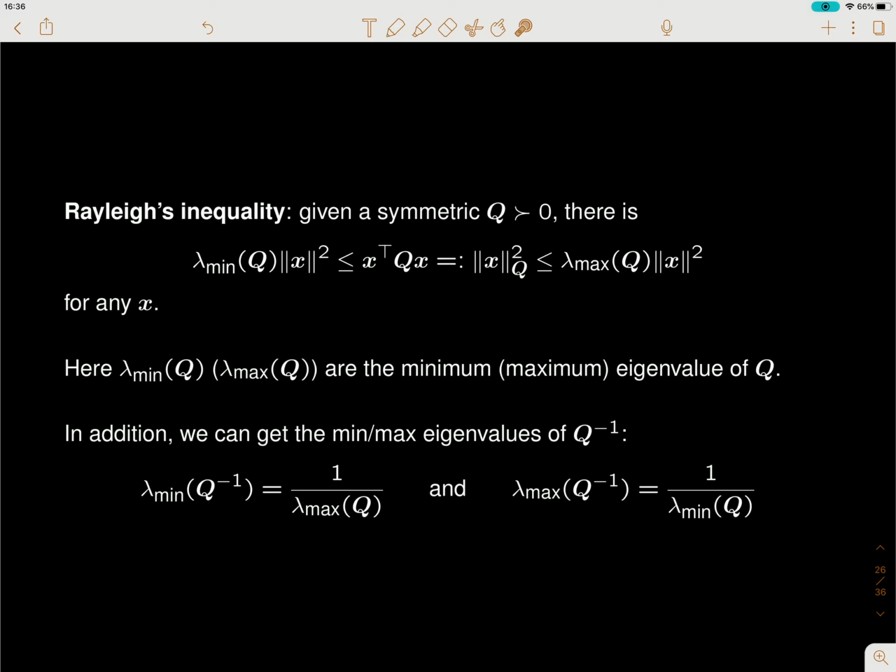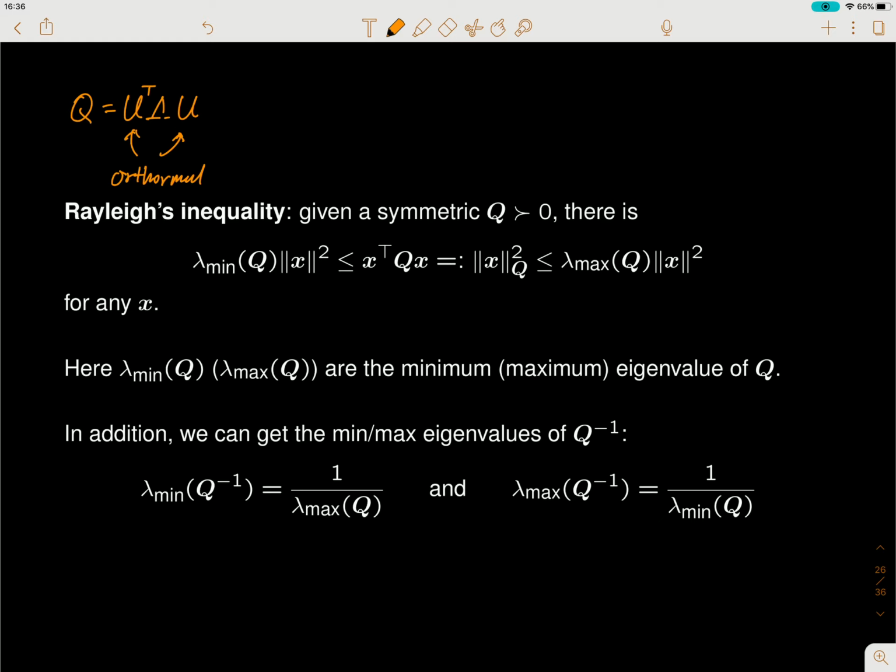Okay, so suppose your Q, since it's symmetric, it's a symmetric positive definite matrix. I know there exists an eigenvalue decomposition of this matrix, and the eigenvalue decomposition gives me this. Let me put the transpose here, and this U, I know that it is an orthonormal matrix.